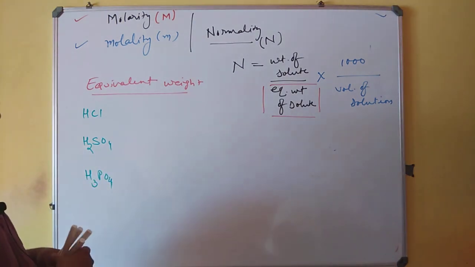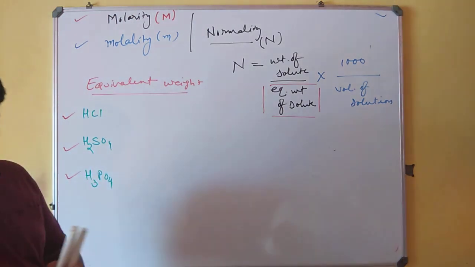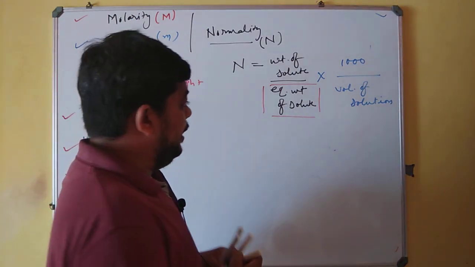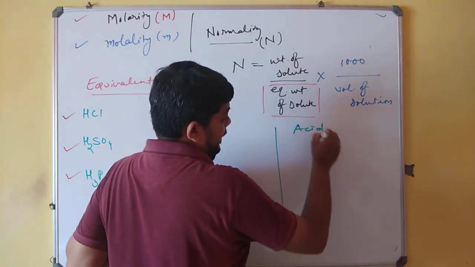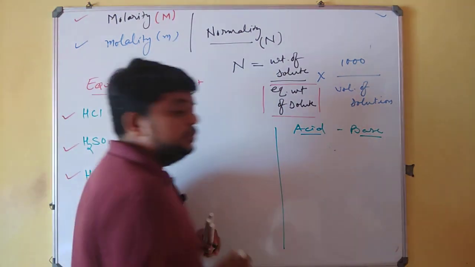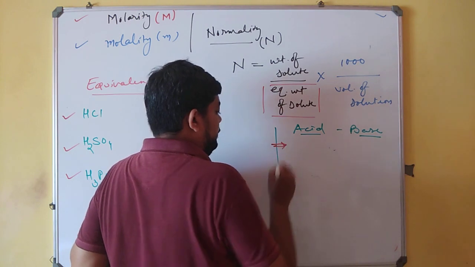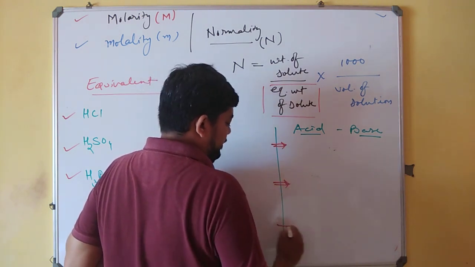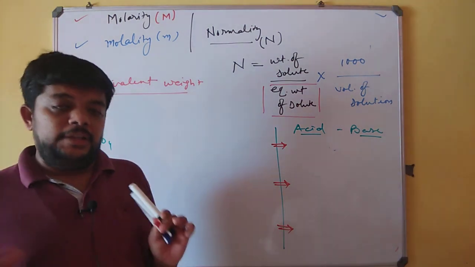In these three examples, what happens on dissociation? These three are acids: hydrochloric acid, sulfuric acid and phosphoric acid. We very well know a variety of definitions that come for acid and bases. So let us just go through those definitions. Those definitions related to acid and bases include three different types.